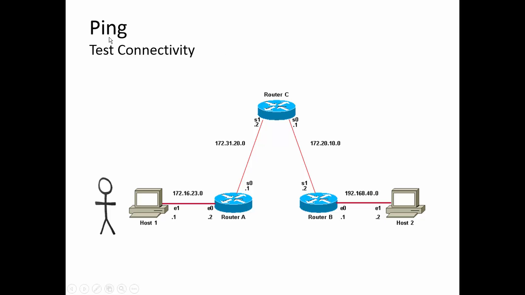Another command we can use is called the ping command, and that allows us to determine whether or not we can communicate with another computer. When we ping another computer, we are sending a signal out to that other computer. And if a signal comes back, then we know the other computer is up and running, and all the cables between us and that other computer are good.